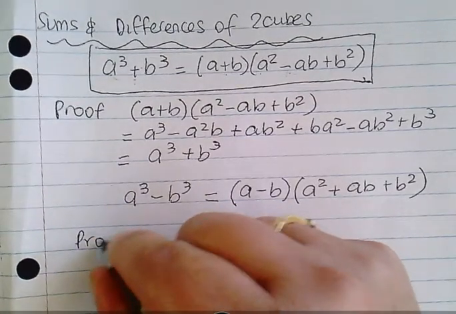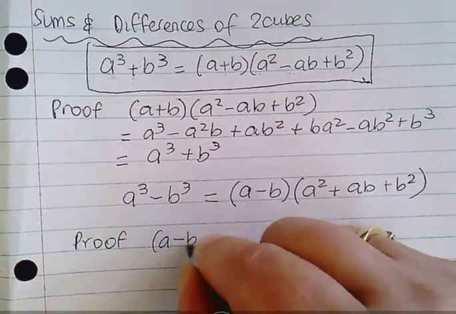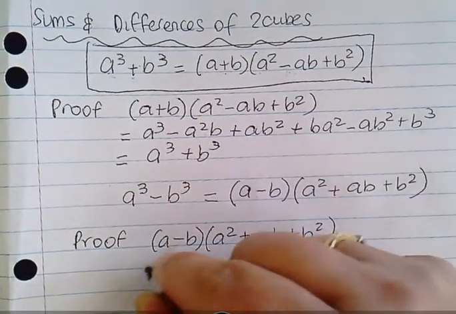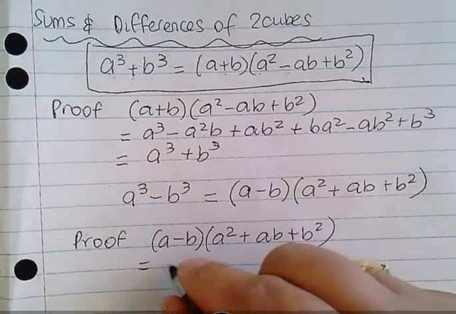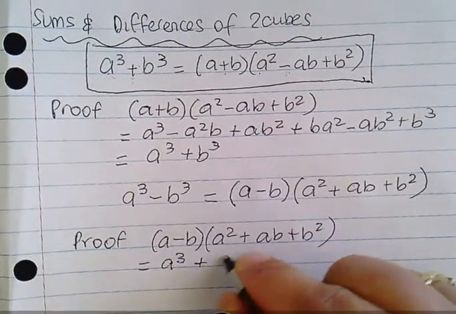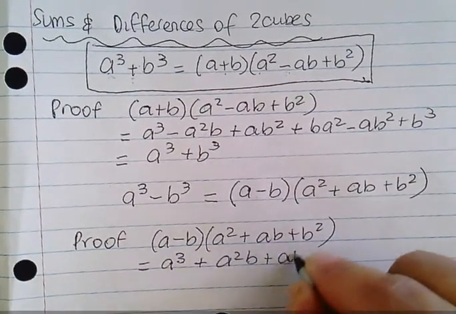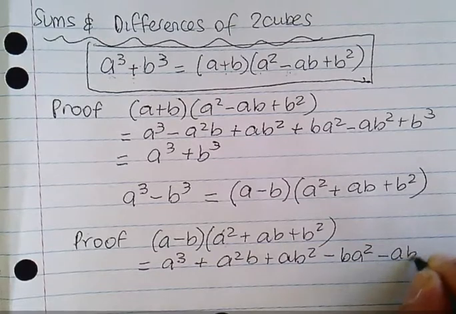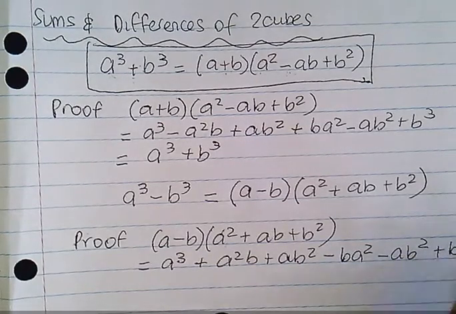Let's just do the proof, starting with that right-hand side. A minus b times a squared plus ab plus b squared. Expanding it, let's multiply each term by a. We get a cubed plus a squared b plus ab squared. And multiplying each term by minus b, so it's minus b a squared minus ab squared plus b cubed. Oh no, minus b cubed, sorry.